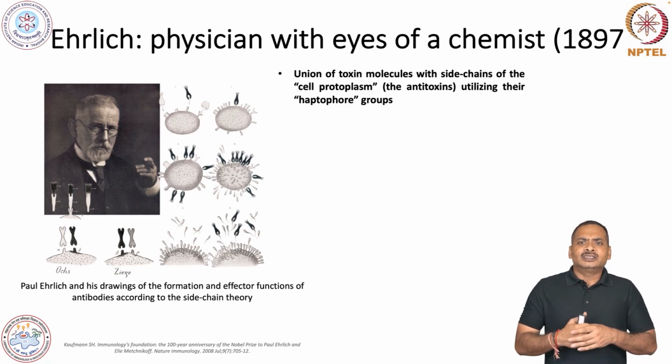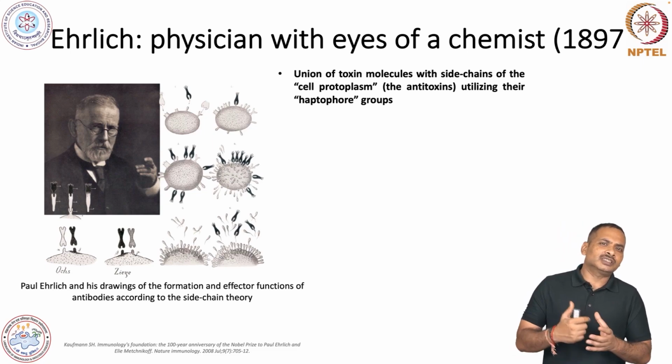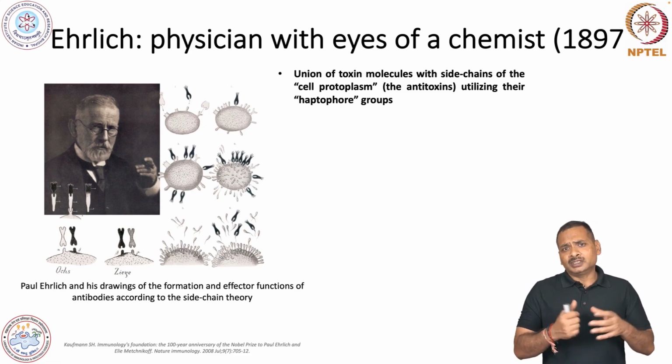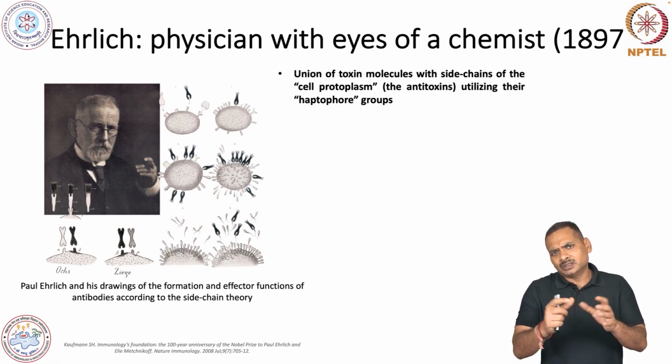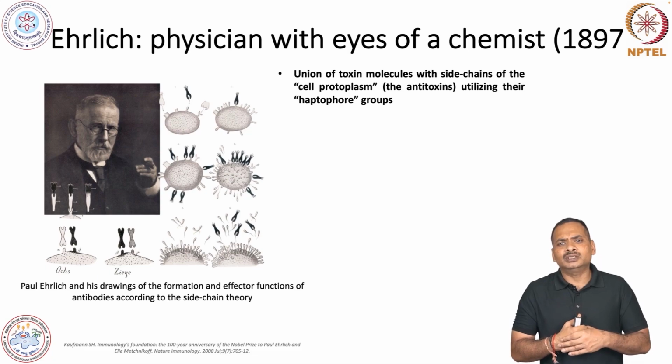This side chain is basically a cell protoplast, antitoxin in nature, and he also called it a haptophore. Because there was no clear word like antibody, initially he called it an antitoxin.